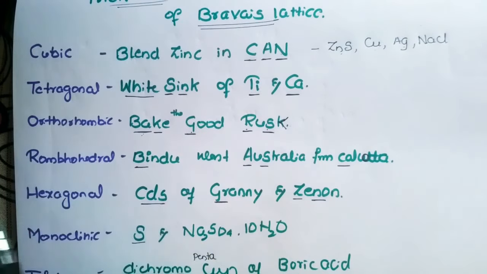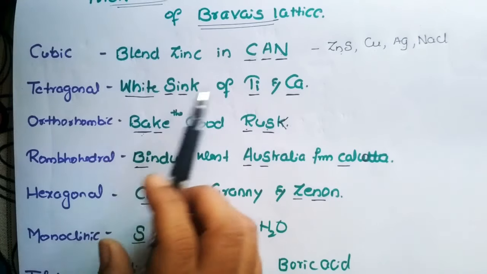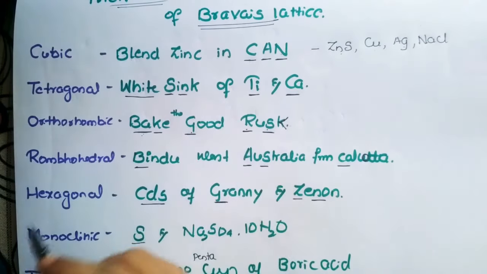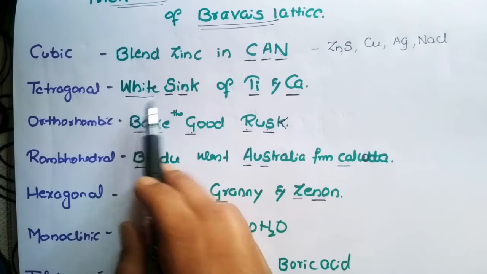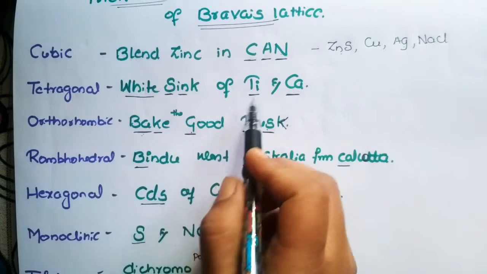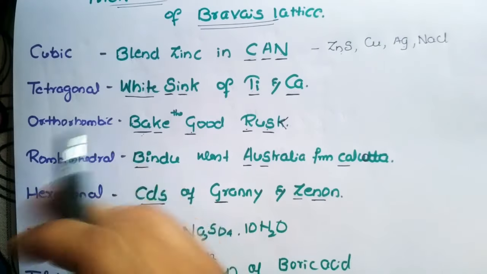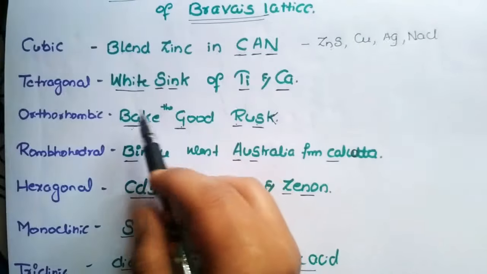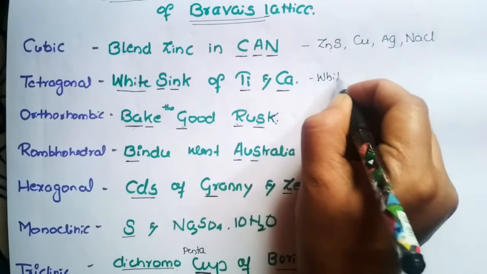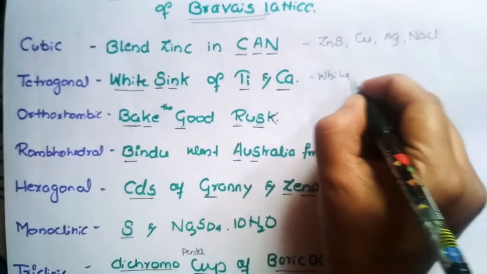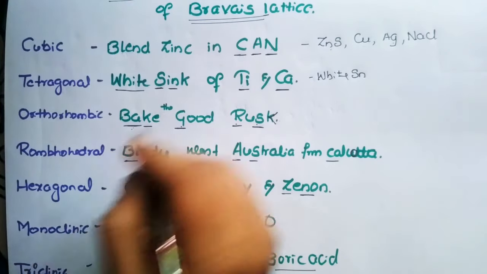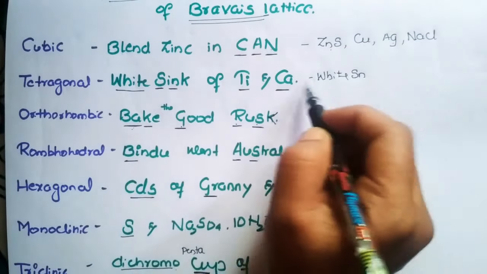Similarly, for the tetragonal, the short way of remembering is "white zinc of titanium and calcium". The zinc that is white in color is made up of titanium and calcium. What does that mean? White means you have to consider white tin: Sn is nothing but tin, so white tin.